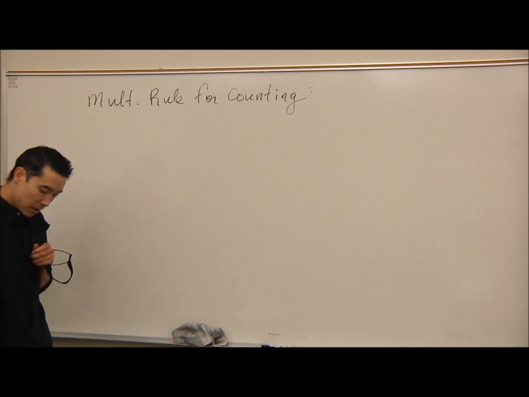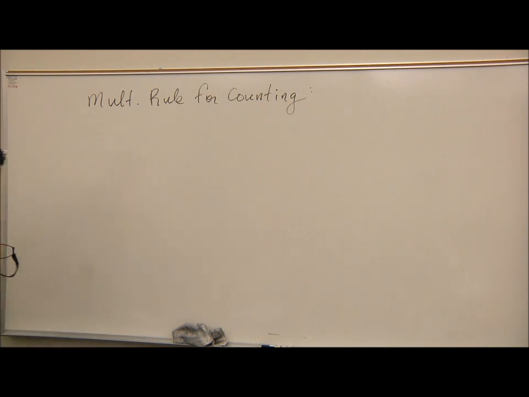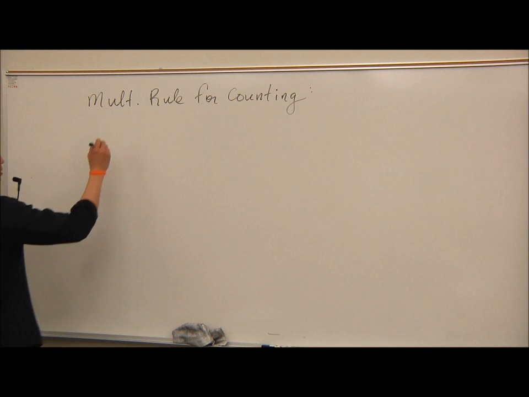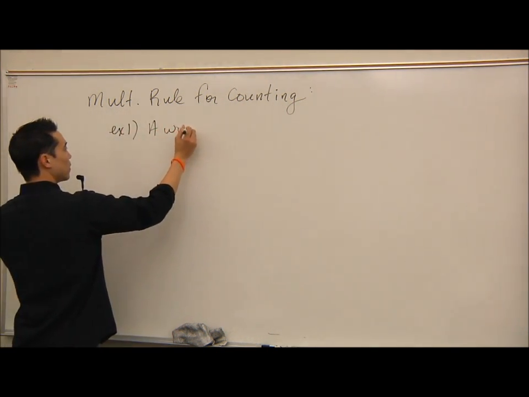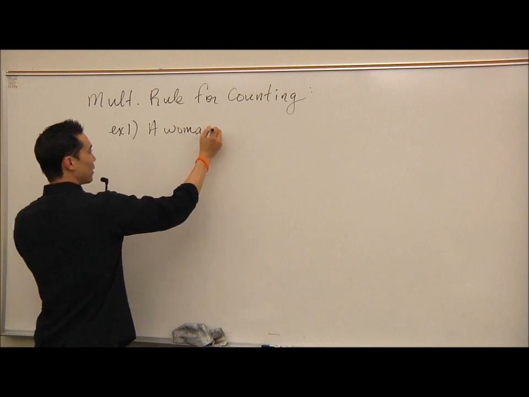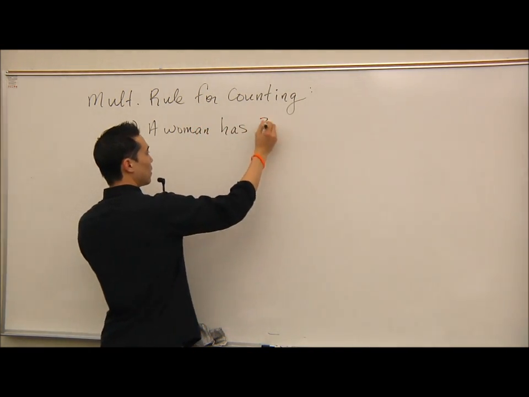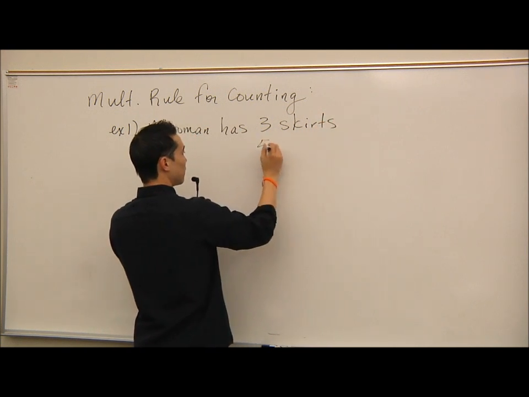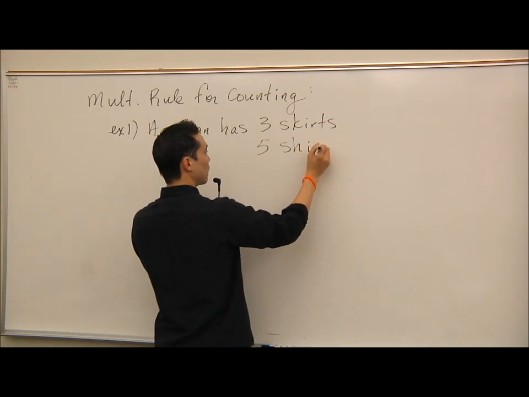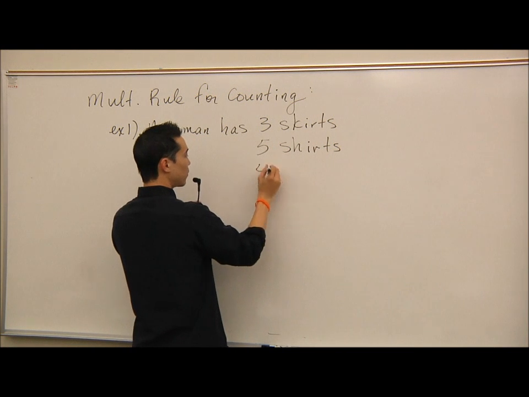Example 1. A woman has 3 skirts, 5 shirts, and 4 pairs of shoes.